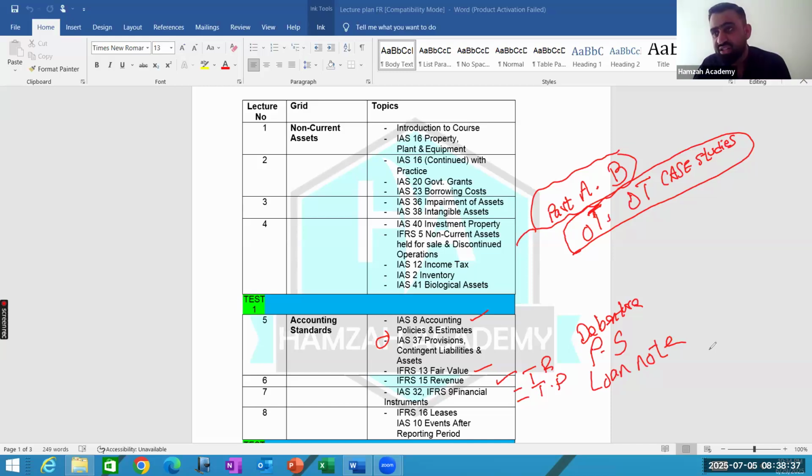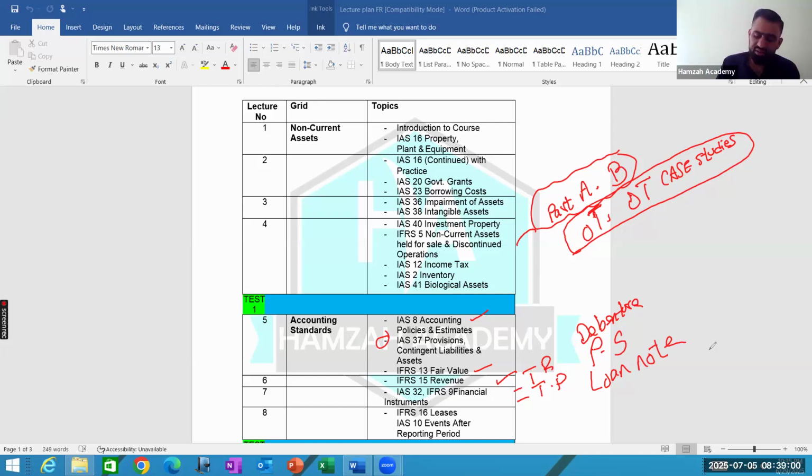These are known as financial instruments. It could be in the form of a financial asset or a financial liability. So what are the financial assets and financial liabilities, and how should we account for them in our financial statements? We will be learning this in IAS 32 and IFRS 9.